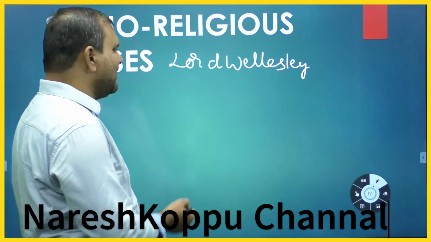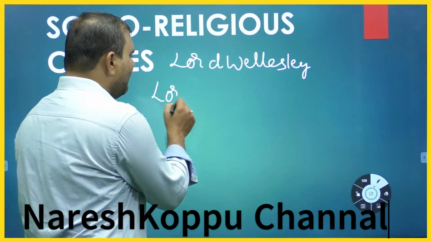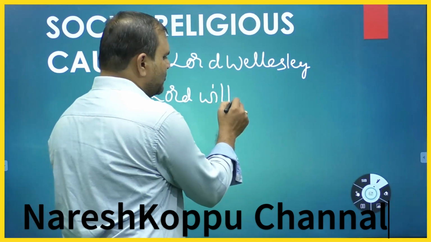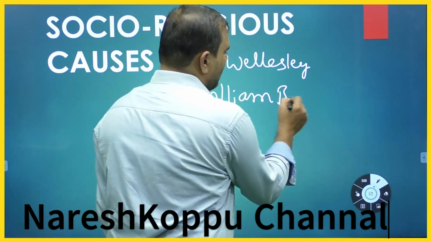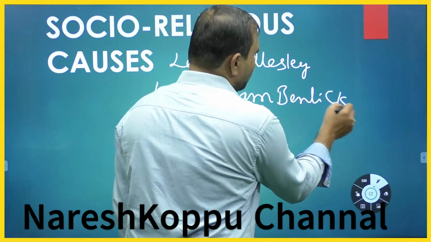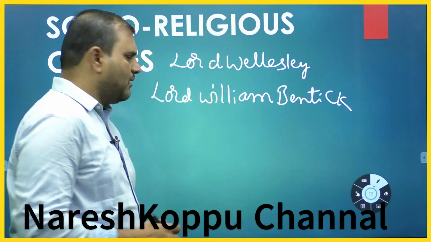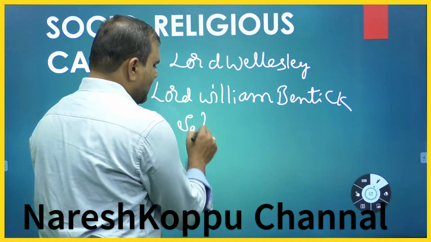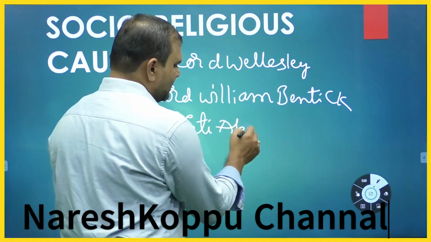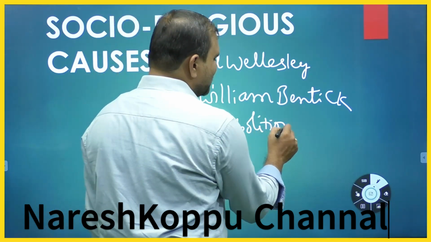And in 1829, Lord William Bentinck introduced the Sati Abolition Act.